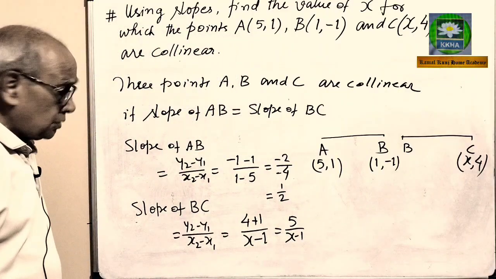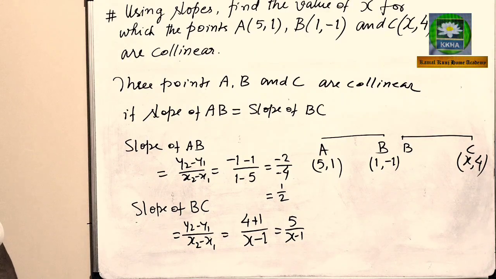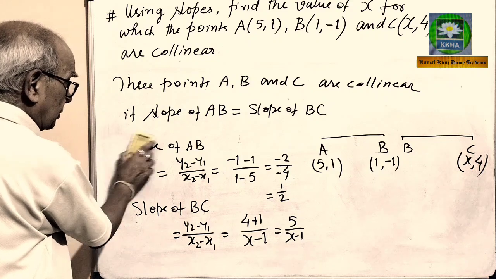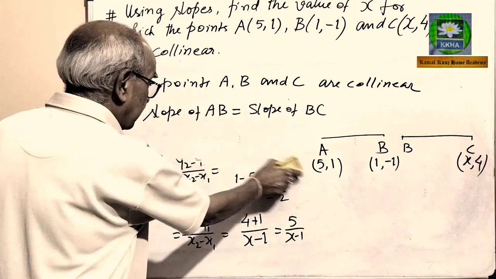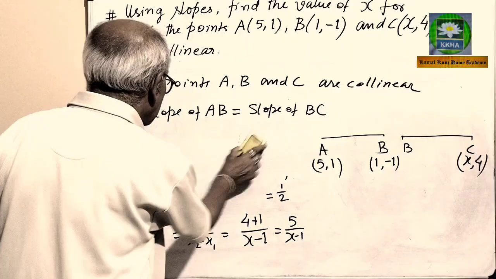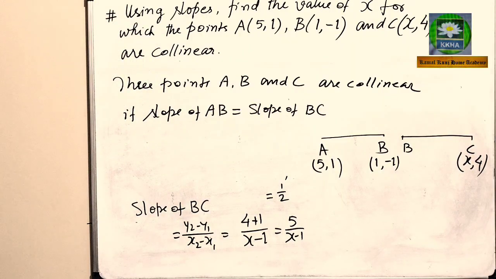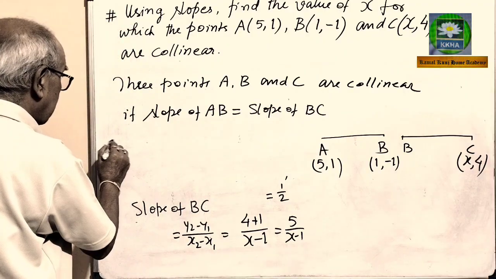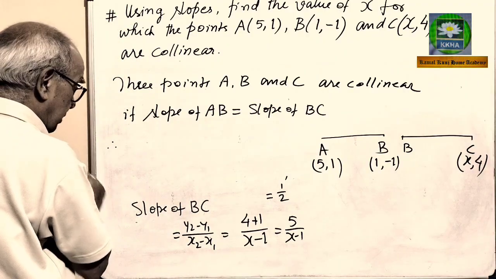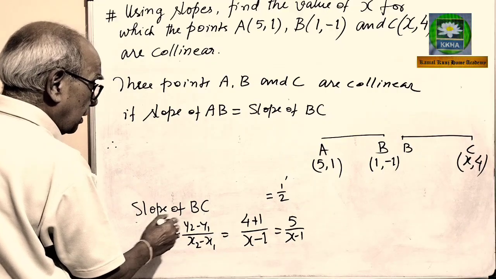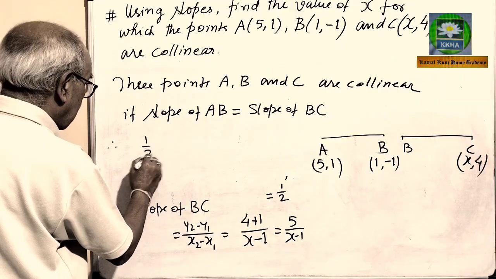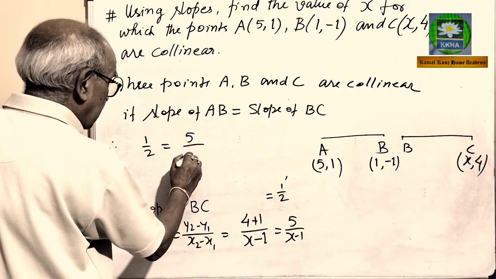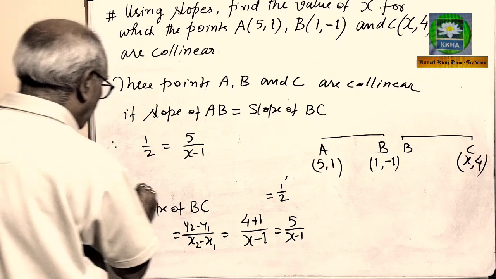So for ABC to be collinear, these two slopes should be equal. The slope of AB is 1 upon 2 and slope of BC is 5 upon x minus 1.